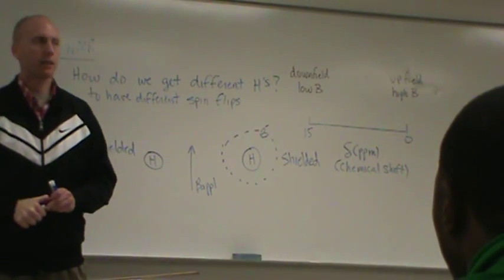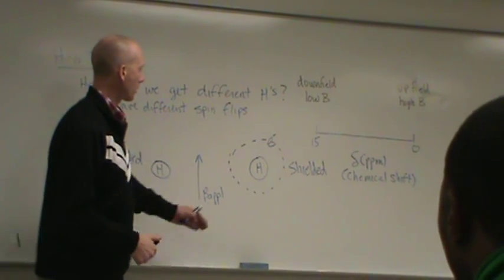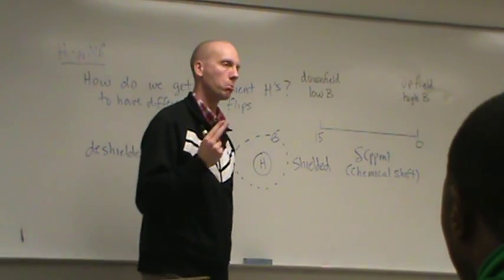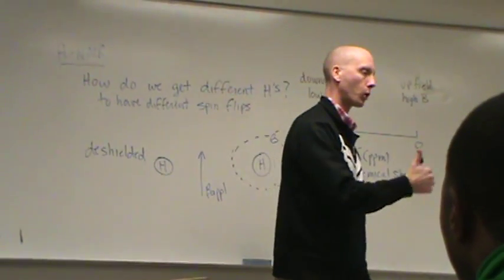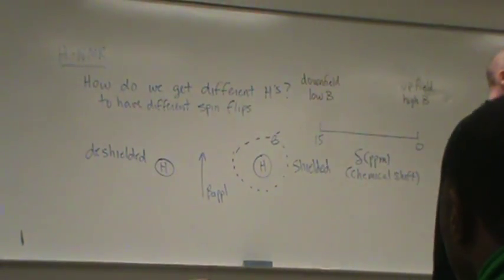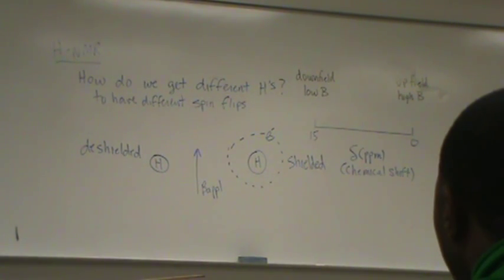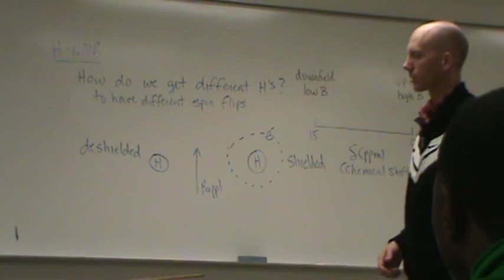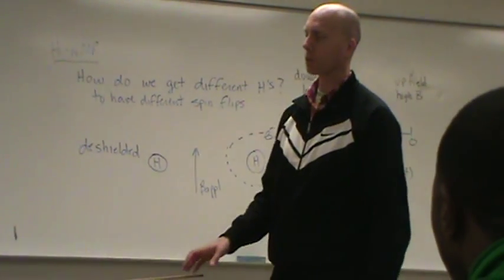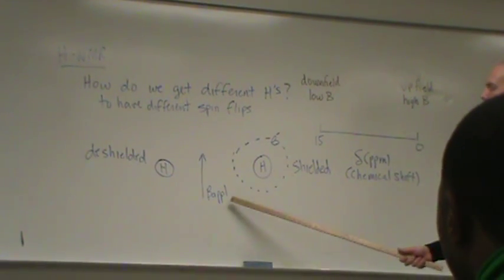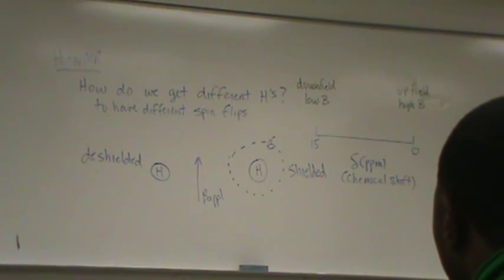Where do you think shielded hydrogens are going to occur? More upfield or more downfield? Downfield. More shielded hydrogens. What do I have to do if I want this hydrogen to feel the magnetic field? You have to increase the magnetic field.